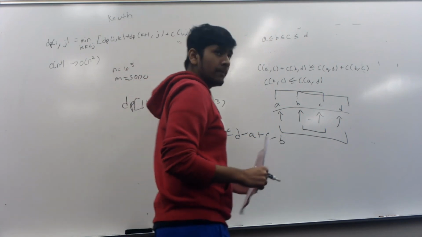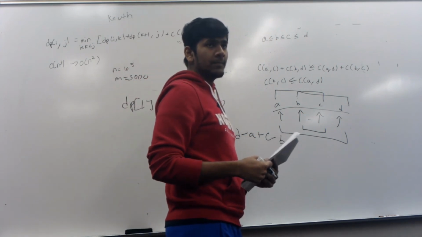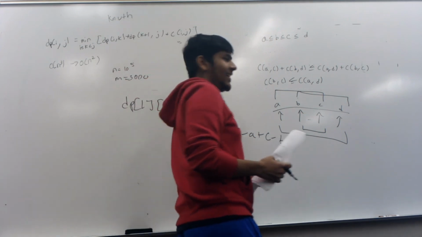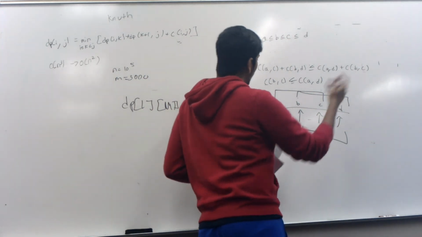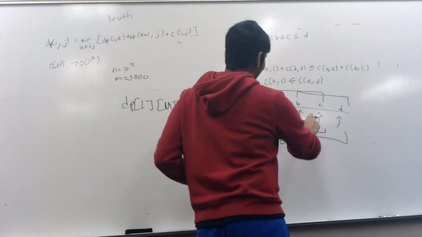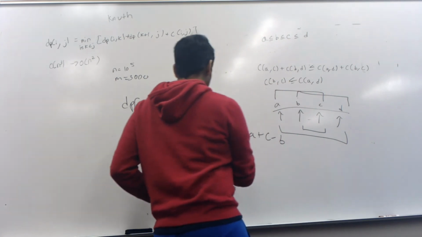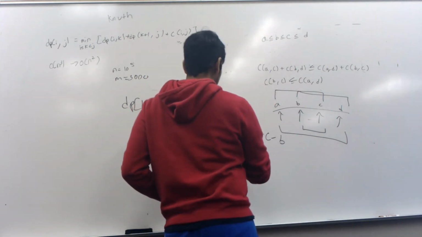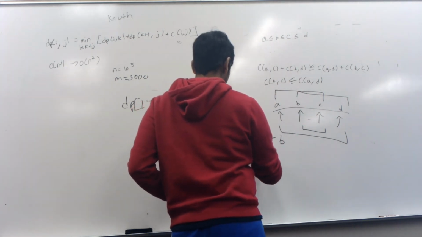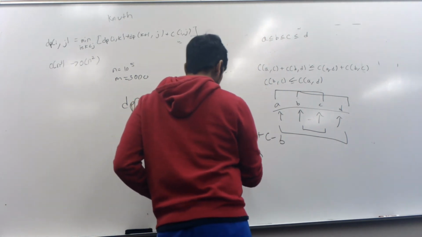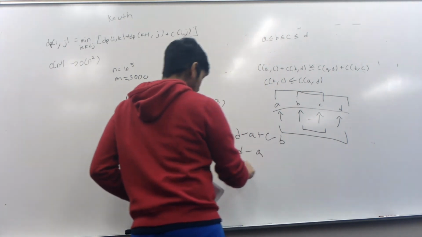Oh wait, what about the second condition? It's trivial. If we translate these costs, the cost of A to D equals D minus A, then we do some rearrangements over here.